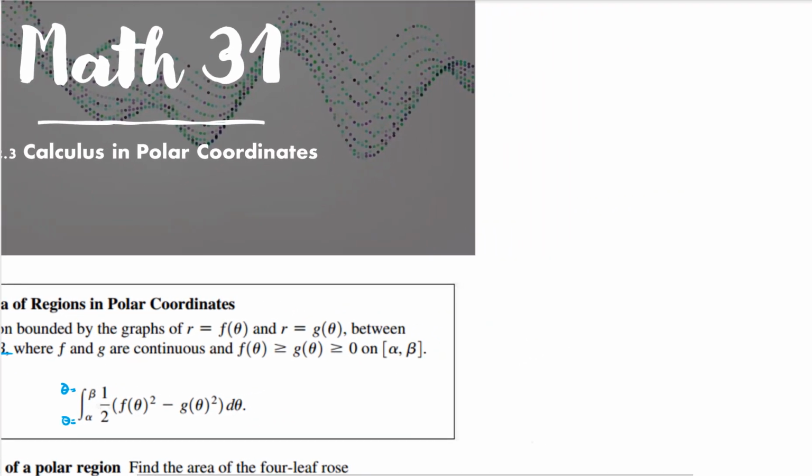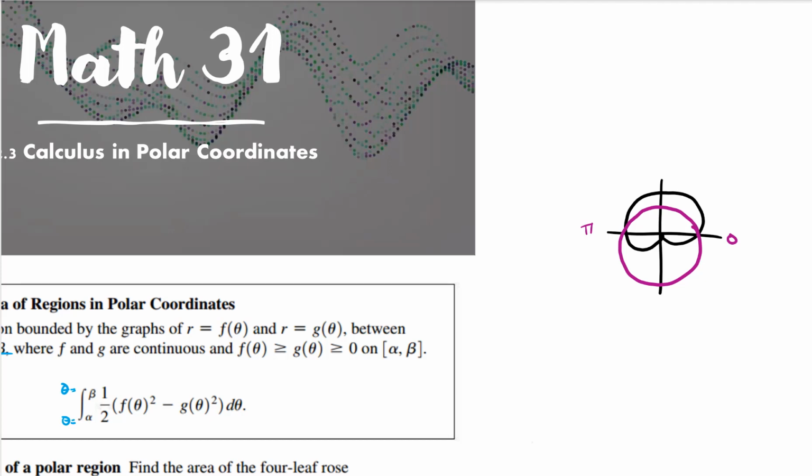So let's say we wanted to find this area, but we also had a circle that came through. And maybe we just wanted to find the area between 0 and pi, between the two of them, where maybe we just wanted this area.